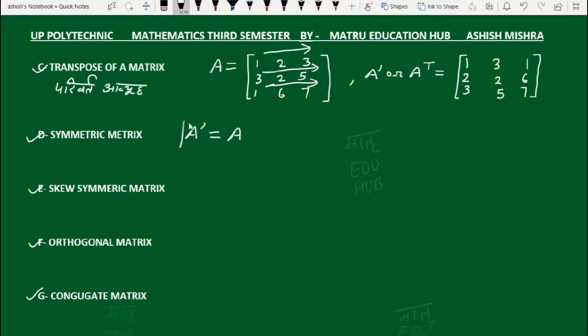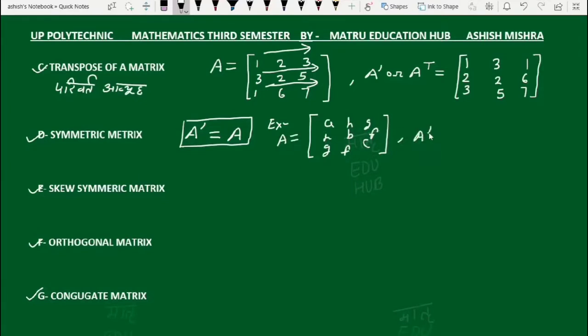If a matrix has the property A dash equal A, meaning the transpose of a matrix equals the matrix, this is known as a symmetric matrix. For example, take A = [a h g; h b f; g f c].